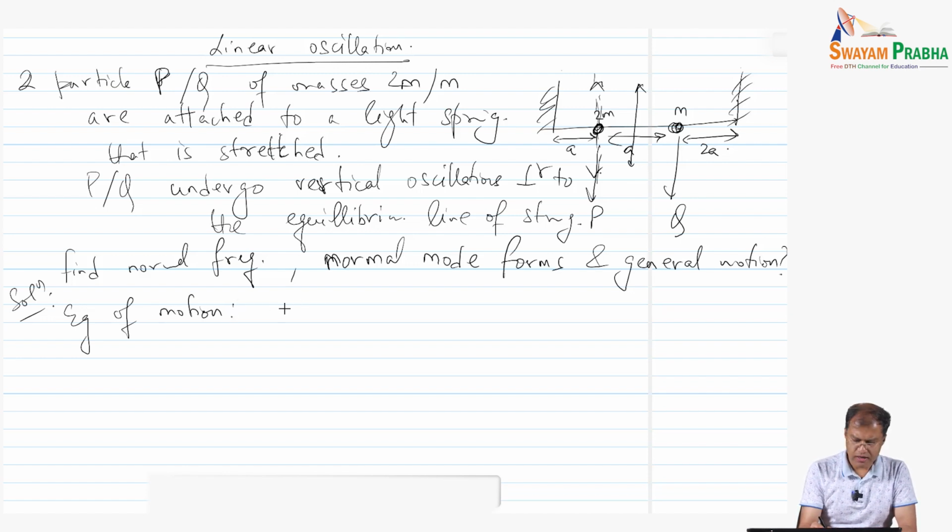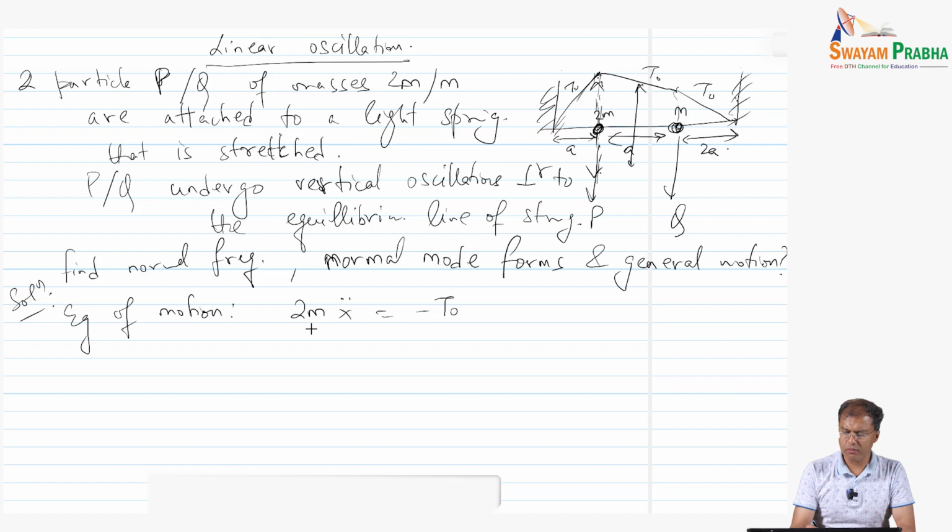We see that we have 2m x double dot is equal to minus T naught. So both these masses are getting stretched, so you will have some tension T naught, right? And the second mass is being stretched like this, and then eventually this. So T naught is the net tension. So the first equation of motion is for the mass 2m.